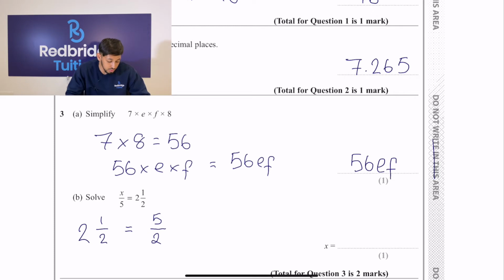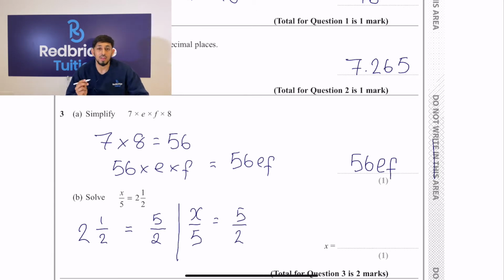Now we can progress to work out the value of x. So we've got x divided by 5 is equal to 5 over 2. Now the whole goal is to isolate the variable x. At the moment we can't do this because we've got x divided by 5 on the left hand side of the equation. What we need to do is move this 5 to the opposite side of the equation. When we move a number from the left hand side of an equation to the right hand side, we need to do the opposite function.